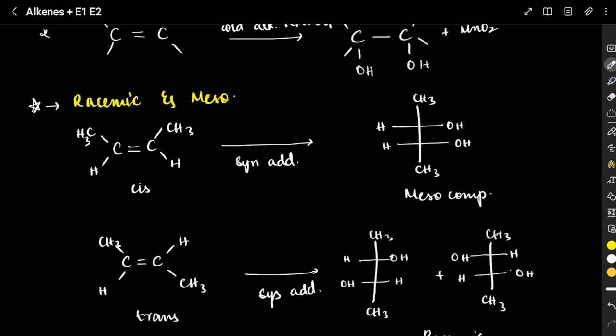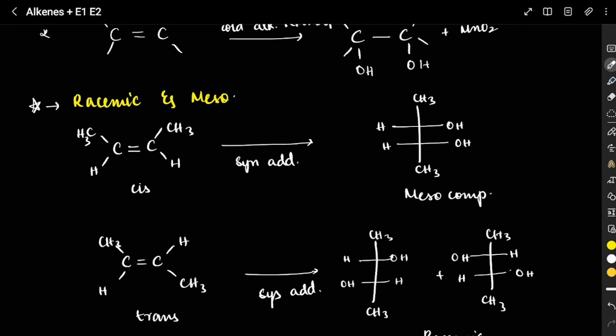One optically active compound rotates the plane polarized light to one side, let's say right, and the other rotates it to the left. Because of this external compensation, it shows no net optical activity. That is called a racemic mixture.